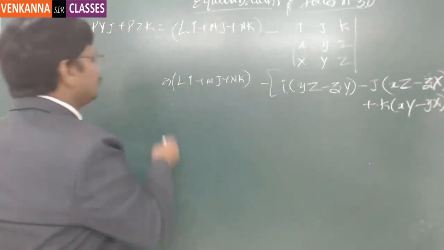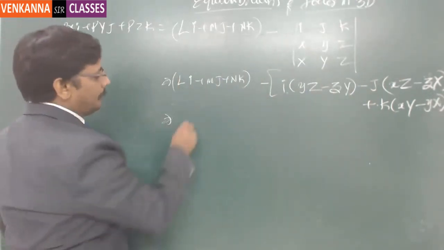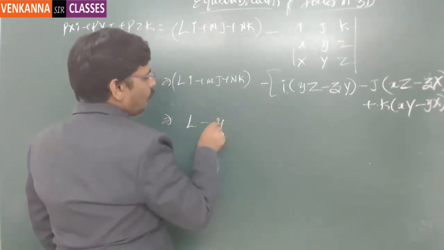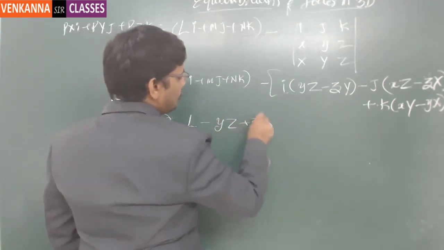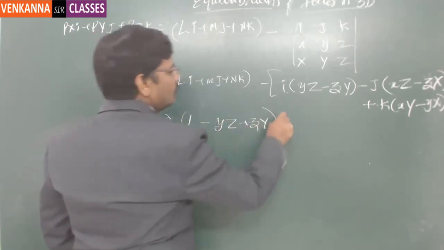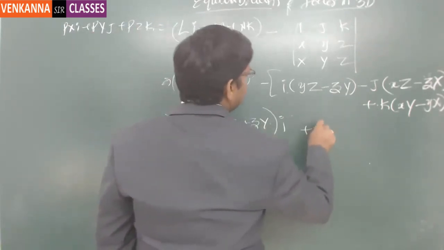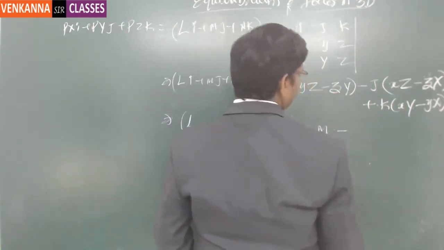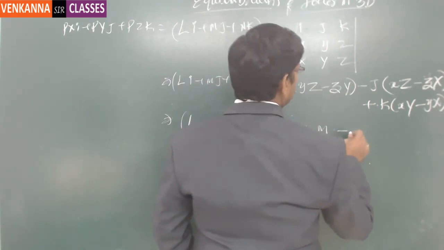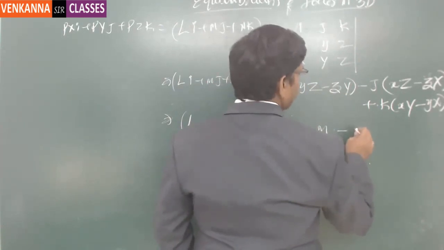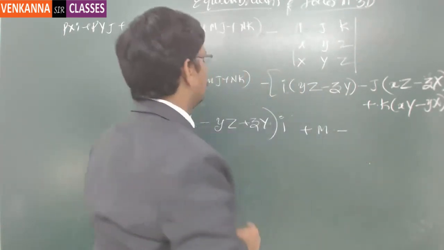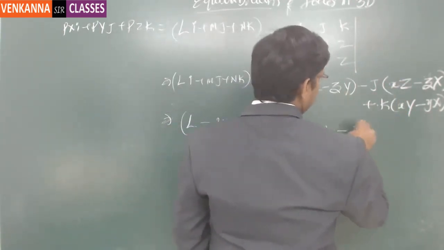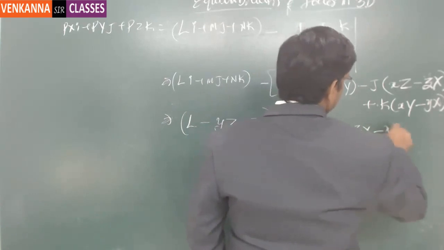So if I separate this into the components of i, j, k, so this can be i times (L minus yZ plus zY) plus j times (M minus ...), so this is minus, so if you multiply this, zX minus xZ.